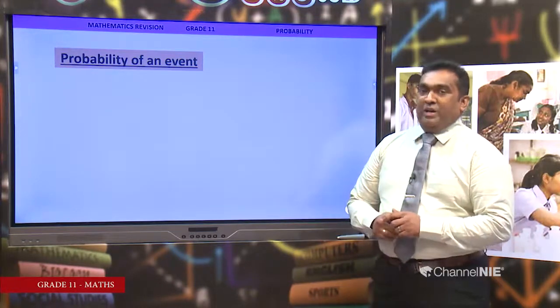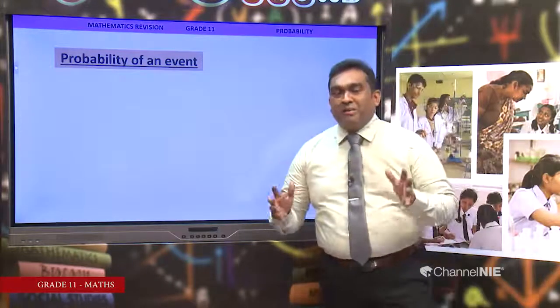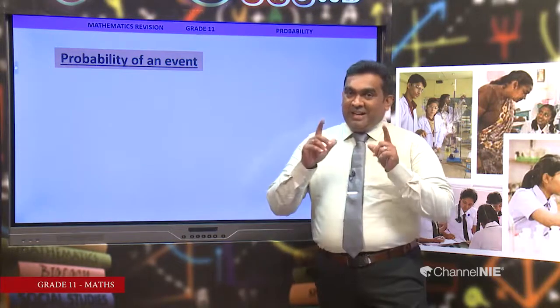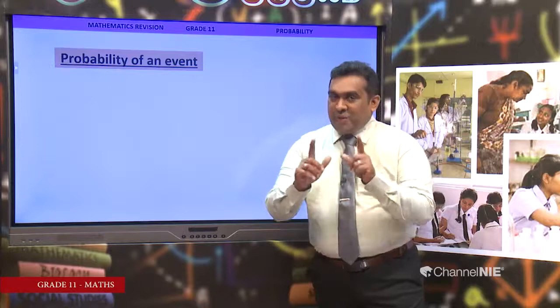the probability of an event. How to define the probability of an event? In an experiment, the set containing total outcomes is defined as the sample space. Using the sample space, we can define an event.